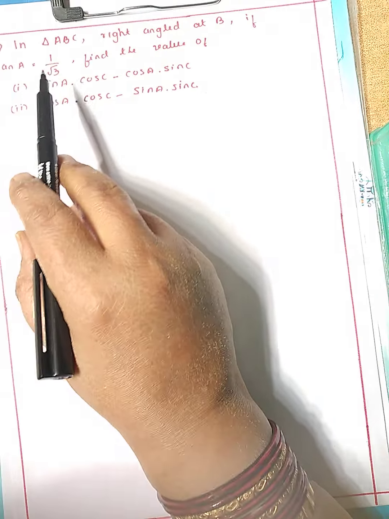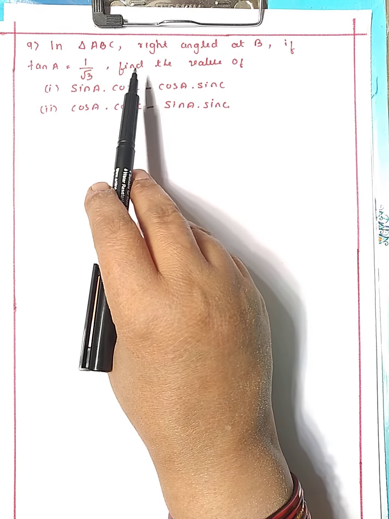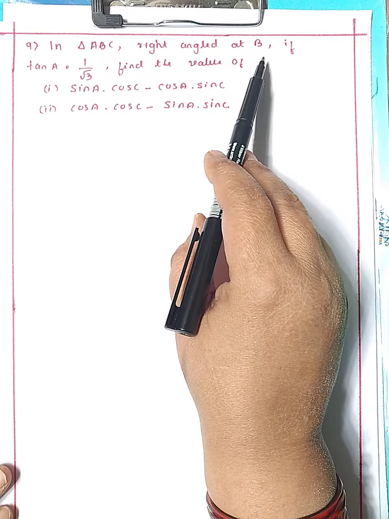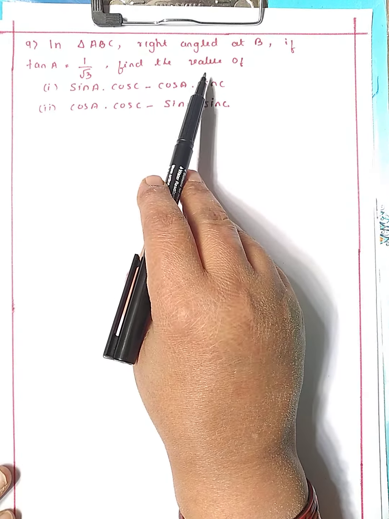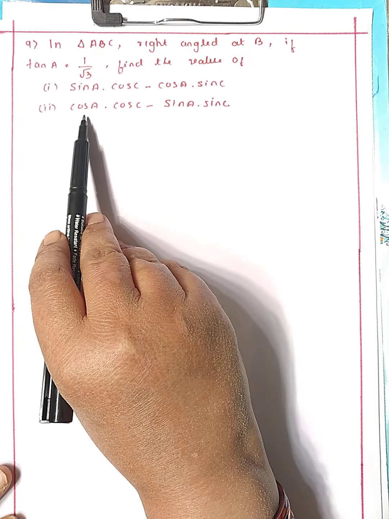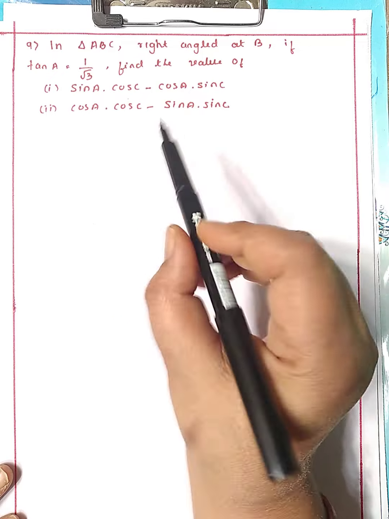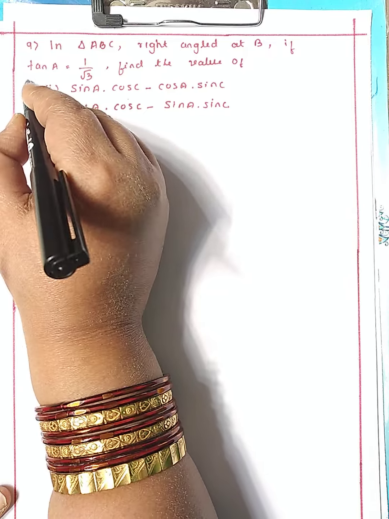Next is 9th problem. In triangle ABC, right angled at B, if tan A equal to 1 by root 3, find the value of sin A cos C, cos A sin C, and another question is cos A cos C minus sin A sin C. Given is tan ratio is given here.